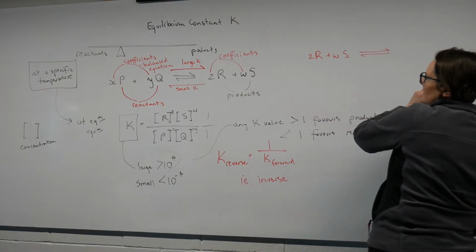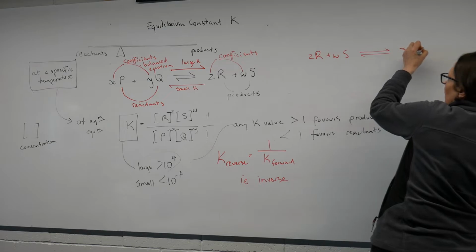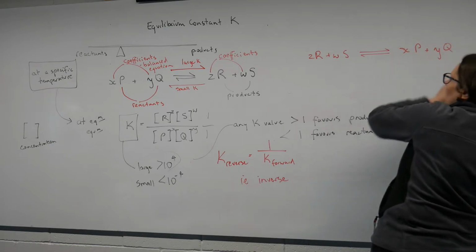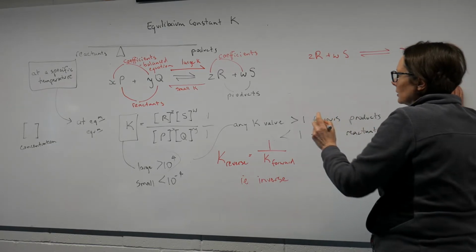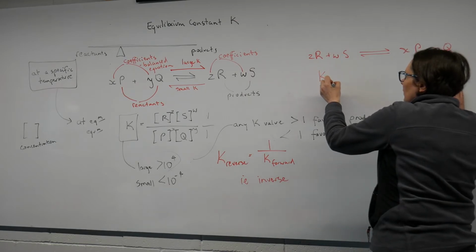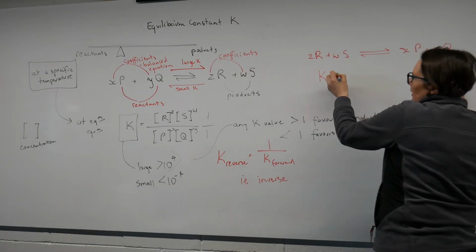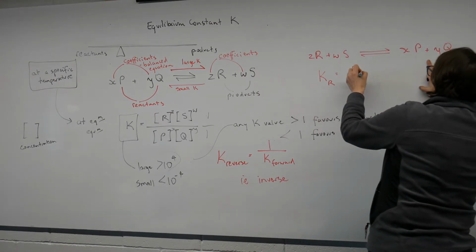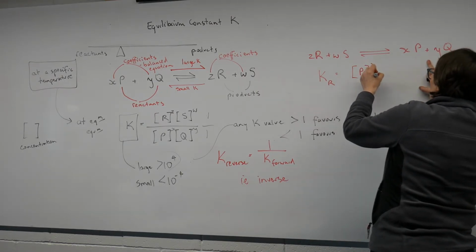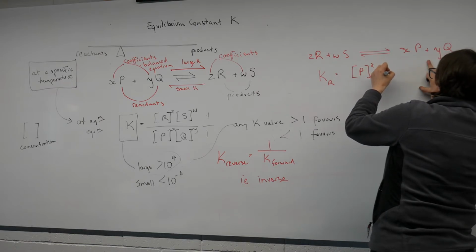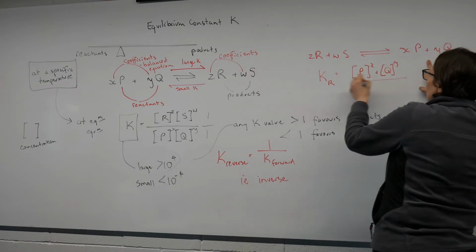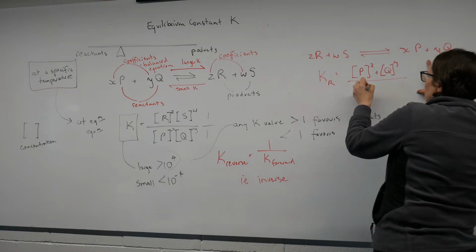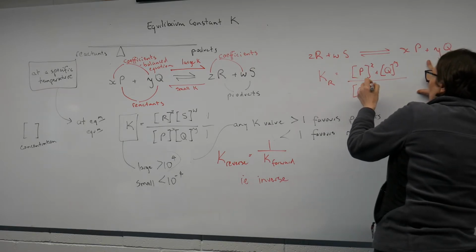And then we've got X P and Y Q as the products. And so if I'm calculating K of the reverse reaction, then it's going to be still these ones on top, P to the X, Q to the Y. Does that make sense? R to the Z. Oops, it's not plus. T.